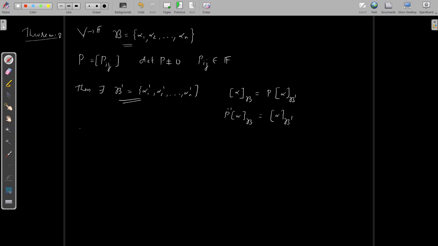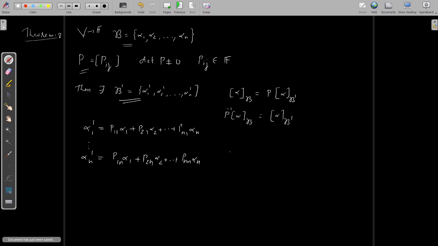To construct this B prime, we use the entries of the matrix P. That is, we define alpha 1 prime as P11 alpha 1 plus P21 alpha 2 plus etc., Pn1 alpha n. This is the first vector, and similarly you can define alpha n prime as P1n alpha 1 plus P2n alpha 2 plus etc., Pnn alpha n.